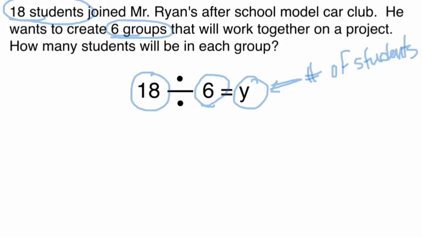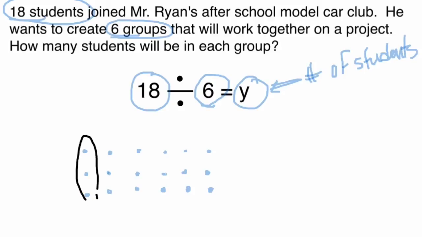in each group, okay? Now these are usually best solved with arrays when you're dealing with these smaller division problems. So I'll show you this array. I'm going to create an array of 18 whole students, like a 6 by 3 array that we've done lots of times. Make sure I've counted them all right: 3, 6, 9. And I know that I can divide these 18 students into 6 equal groups, and I'll show you how we'll do that right now.